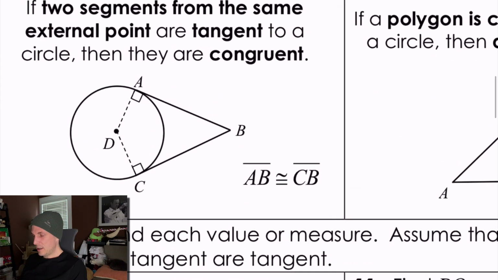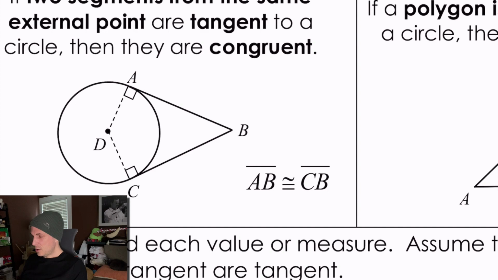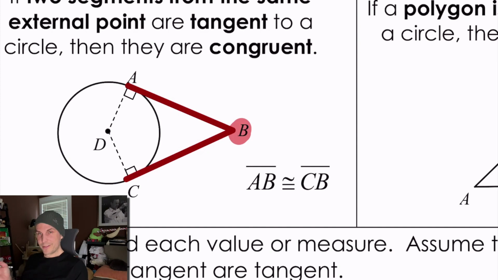You have an external point B, and you connect B to A and B to C. Now, A and C are both points of tangency, right? You can see that with the right angles that are formed.